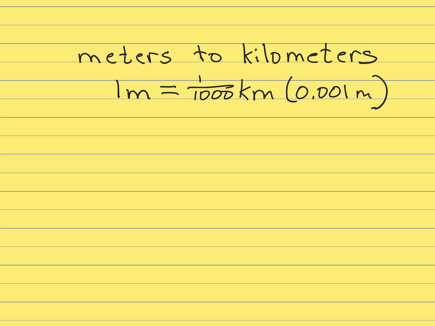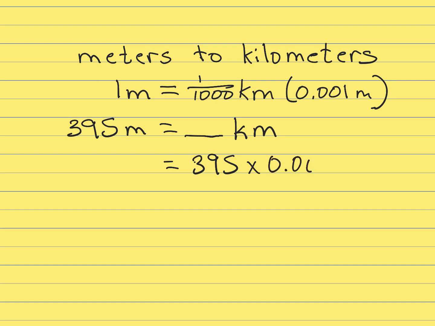So if we have 395 meters that we want to convert to how many kilometers, we're going to multiply by 1/1000th. Okay, so 395 times 0.001. We would move our decimal over 1, 2, 3 places, and our answer would be 0.395 parts of a kilometer.